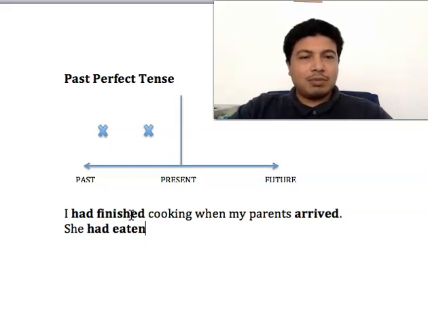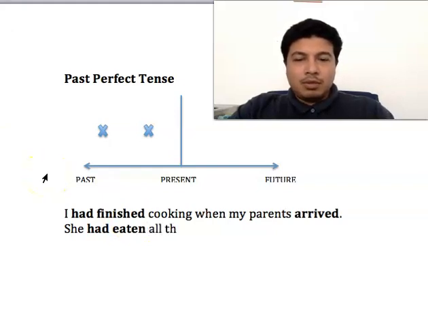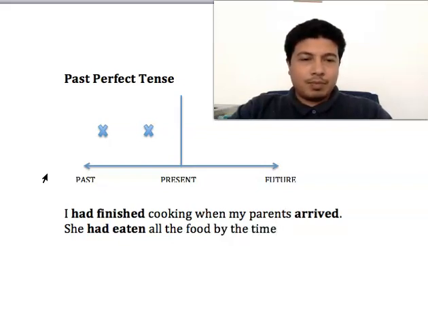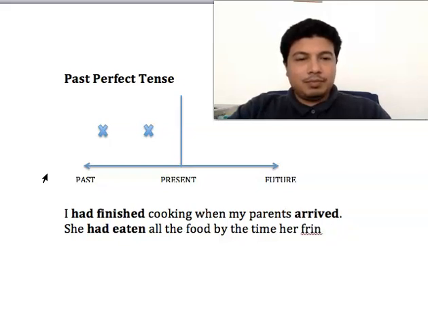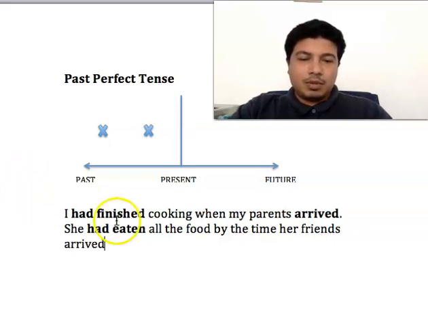For example, celebrate becomes celebrated. So I had celebrated. So she had eaten all the food by the time her friends arrived.